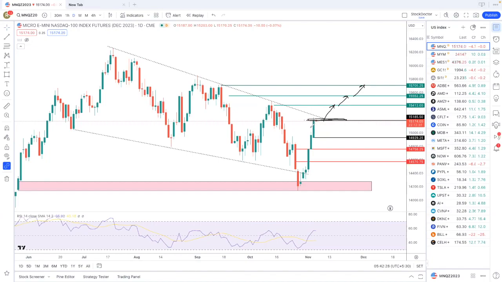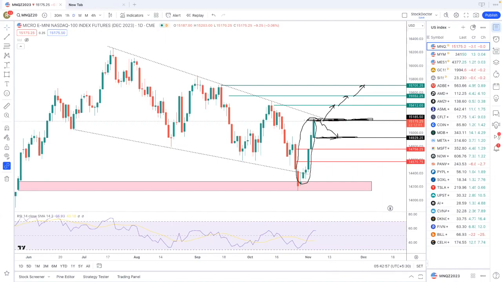Now, there is a possibility that Nasdaq can take some rest after this big, non-stop upside, and in that resting it can go towards 14,950. So for me, the current area of support is 14,900 to 14,950, and 15,200 is a resistance. If we break above this, then these three targets.